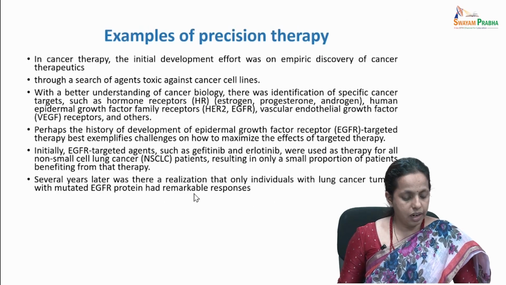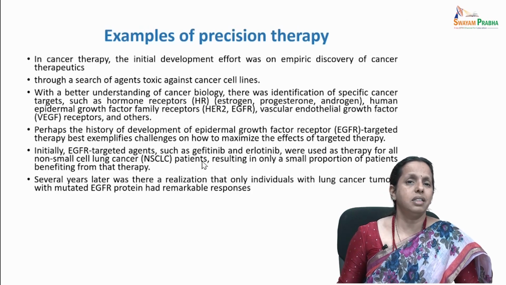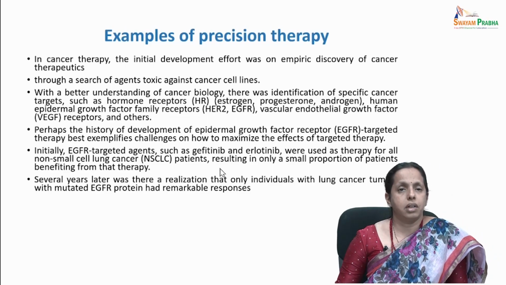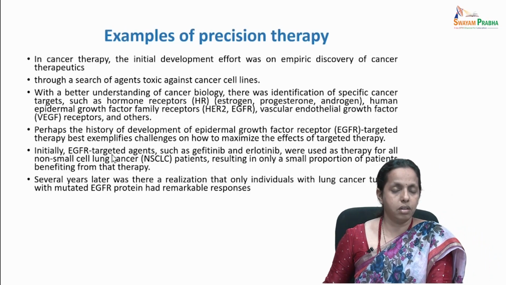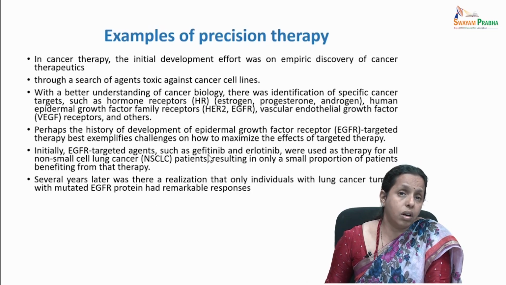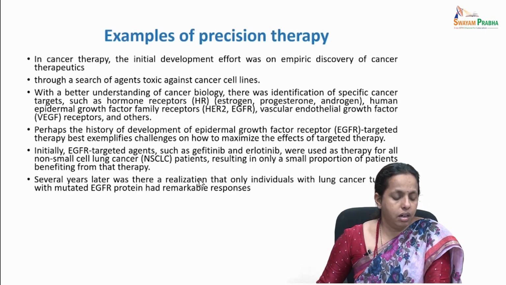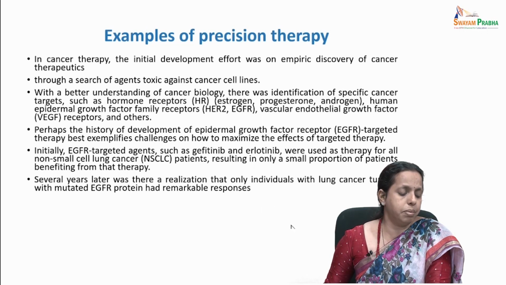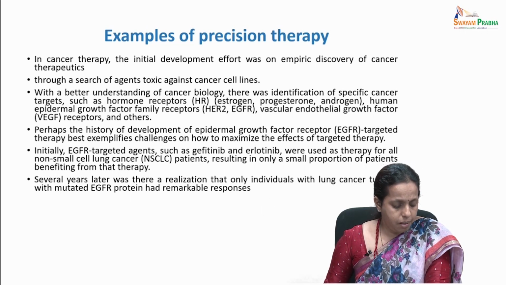Because of the realization that only individuals with mutated EGFR benefit. This goes back to our first class, where you have tyrosine kinase inhibitors. Only if you have a mutated EGFR will these TKI inhibitors aid in the response, a better treatment. Whereas for those with wild type, other therapies are being explored.